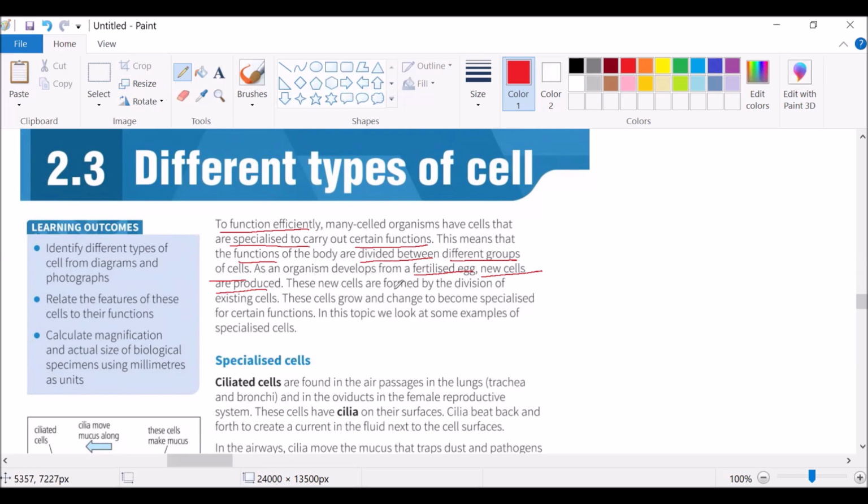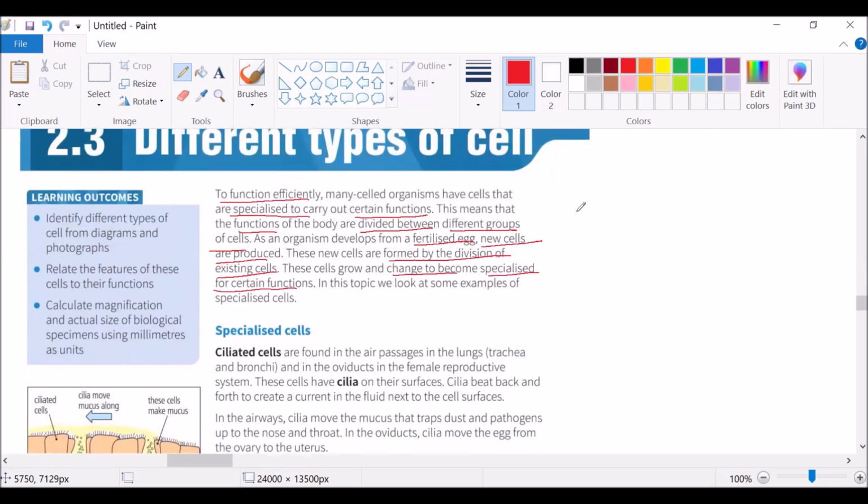These new cells are formed by division of existing cells. These cells grow and change to become specialized for their function. So these cells take up a certain shape or form that allows them to perform their duties.